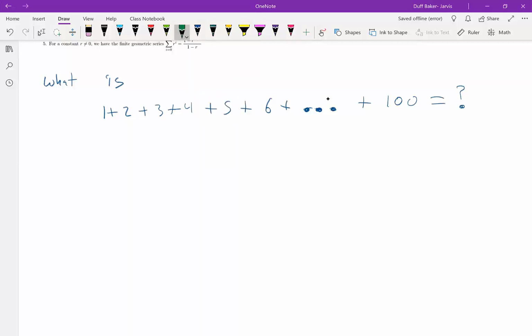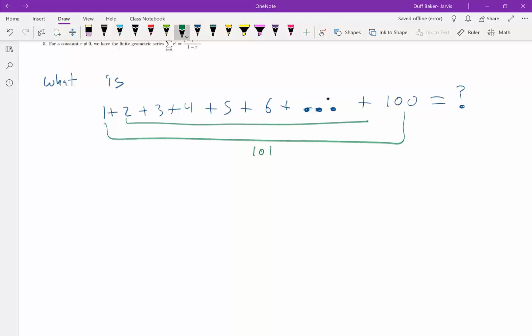So the trick is, what does 1 plus 100, the outermost two terms, add up to? They add up to 101, right? Now let's put a couple more in here. If I add up the next inner two, 2 plus 99, that's also 101.